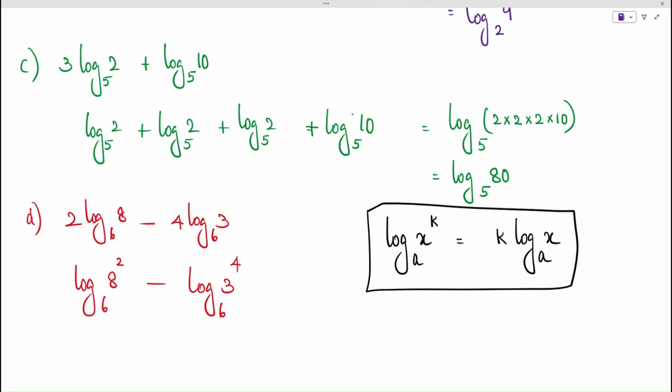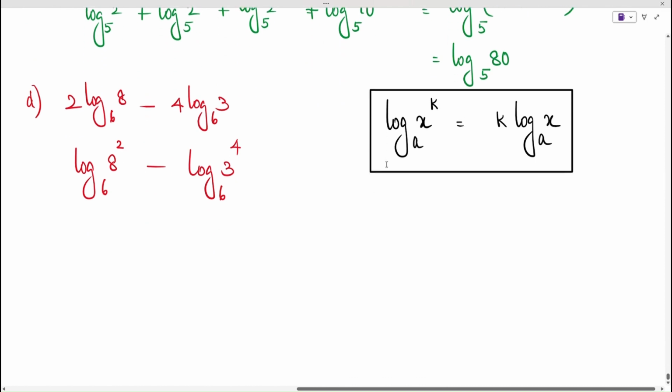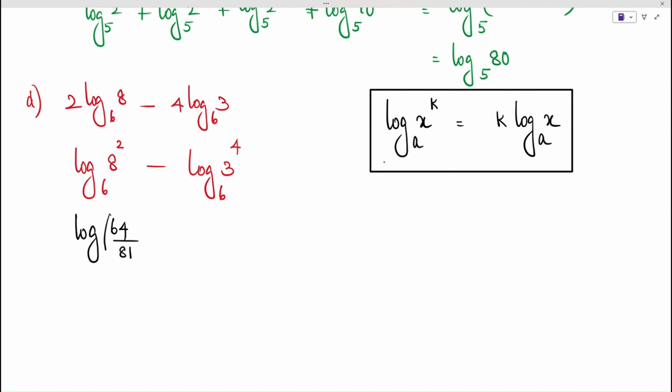So with any coefficient of our logarithm, we can use it and put it to the power of the value inside our logarithm. So with this, we get log of 8 squared, which is 64, over 3 to the power of 4, which is 81, and this has base 6.